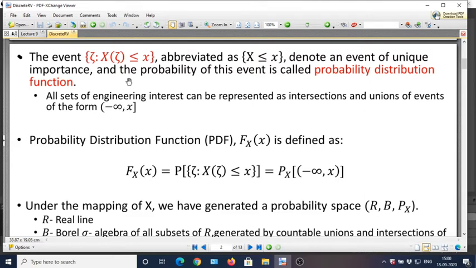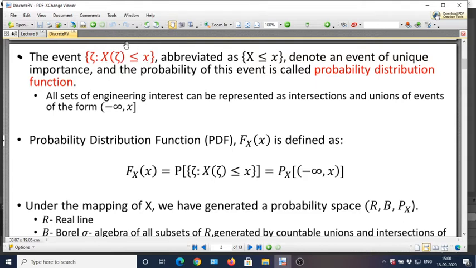So which means that if you look at events of this type, that is, a set of all sample points psi such that X of psi is less than or equal to x, this corresponds to all events such that the value taken by all sample points in the event should be less than or equal to a given value x.